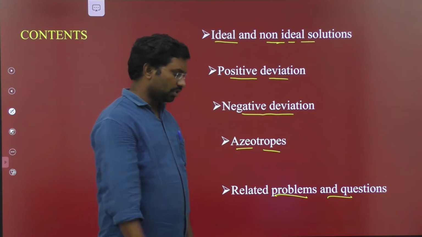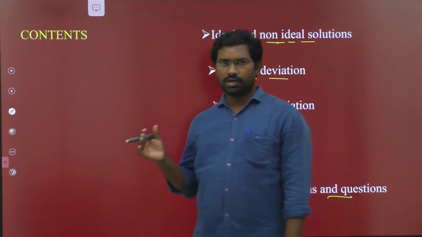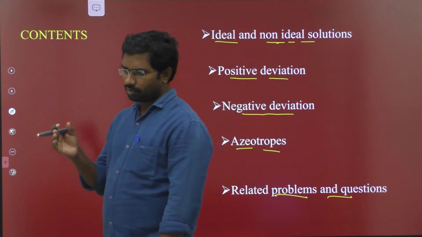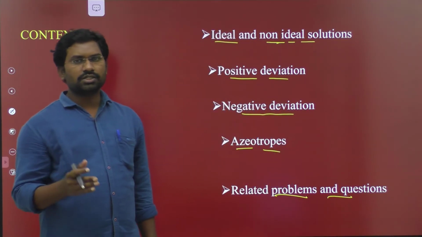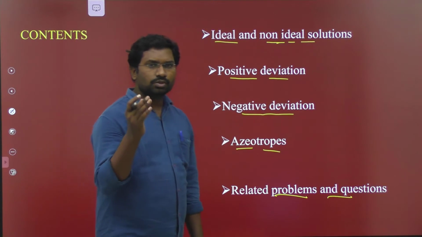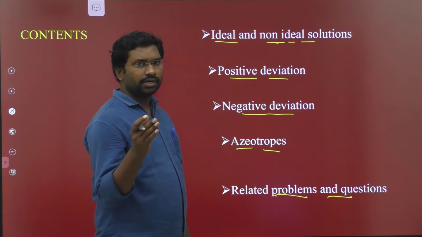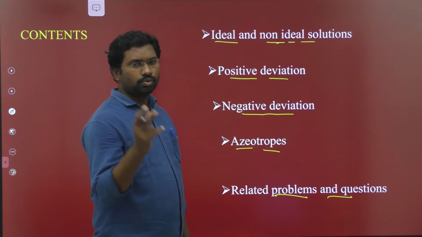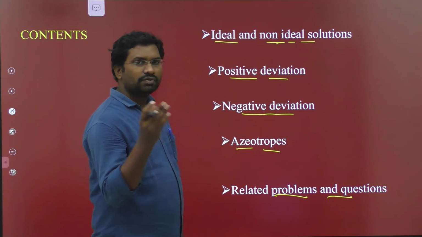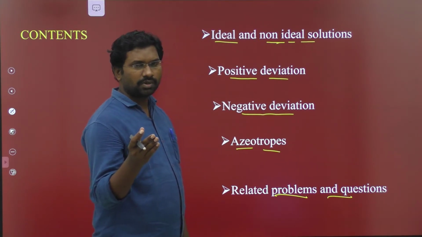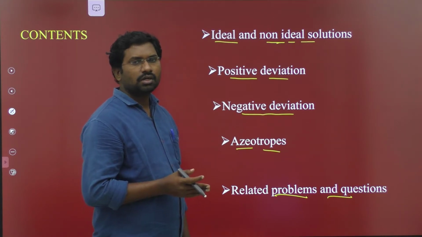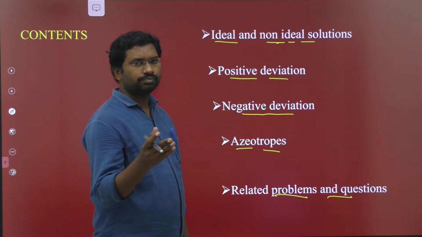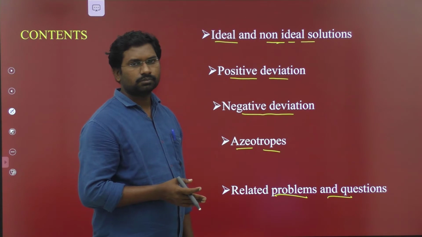Here one important thing you have to remember: from this chapter, at least one question is asked in the JEE Main pattern. So you have to identify the pattern of the questions in two ways. First, some of the questions are conceptual and some of the questions are from the numerical part.